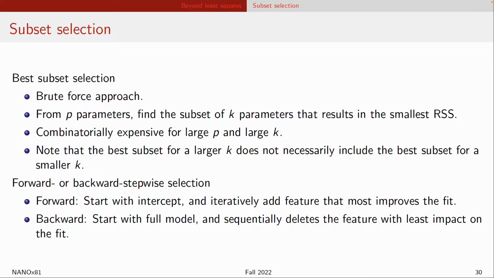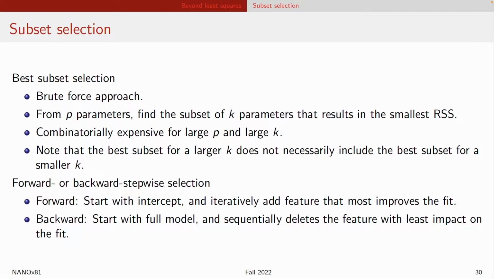So it is very expensive for large P and large K. In other words, if you have a lot of parameters to choose from, you can't do it. And also, I just want to note that just because the best subset for K parameters includes some particular feature, it doesn't mean that that feature must feature in a subset of a smaller K.